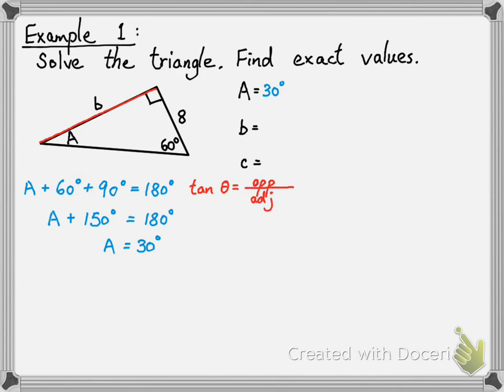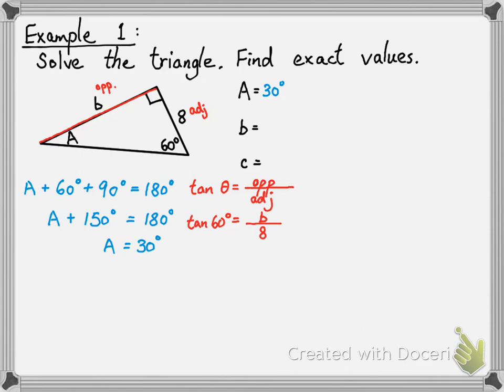In this case, if we look at the angle 60 degrees, the opposite side is our B, the unknown, and the adjacent side is 8. Therefore, tangent of 60 degrees equals B over 8.